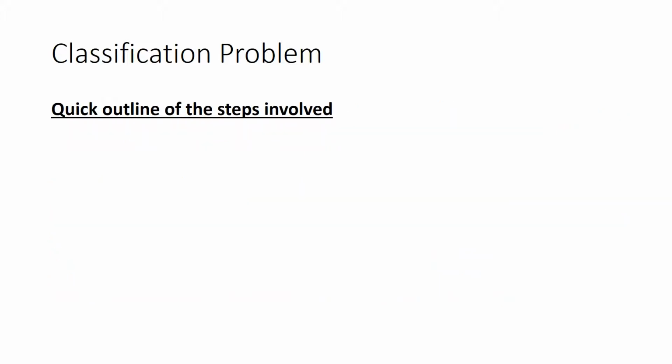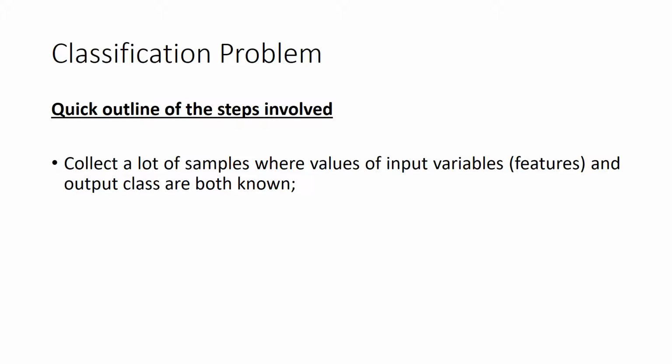Let's quickly look at the outline of the steps involved in solving classification problems. The first step is you would typically collect a lot of data, a lot of samples where you know the input variables as well as the output class. You would have, let's say, 10,000 or 100,000 or potentially 1 million customers or potential customers.